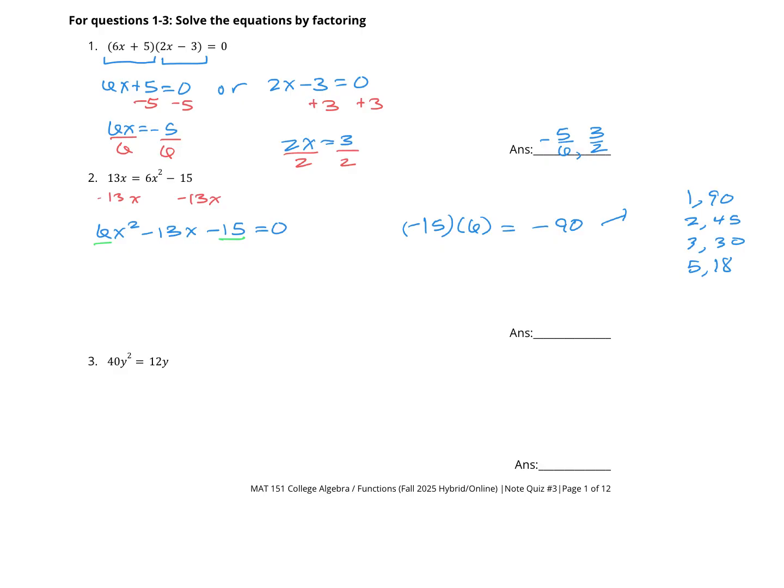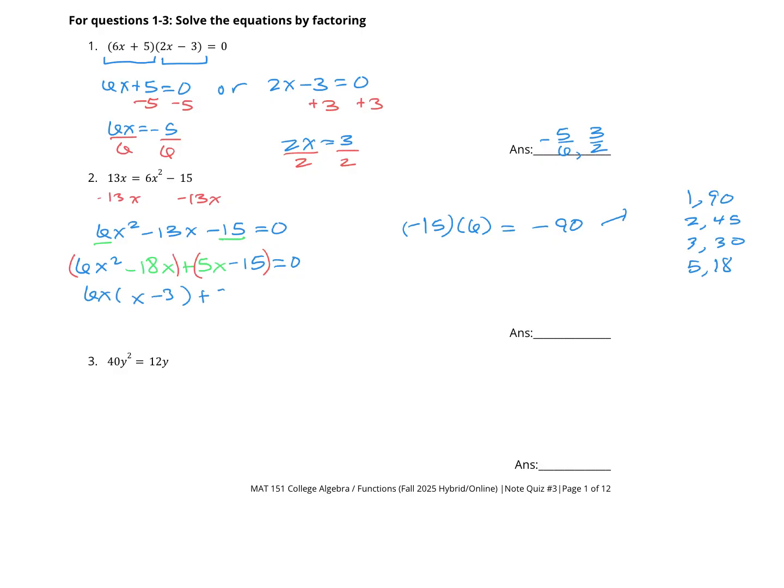So rewriting, we've got 6x squared minus 18x plus 5x minus 15 equals 0. We now factor by grouping. In the first, we can take out a 6 and an x, which leaves us with x minus 3.